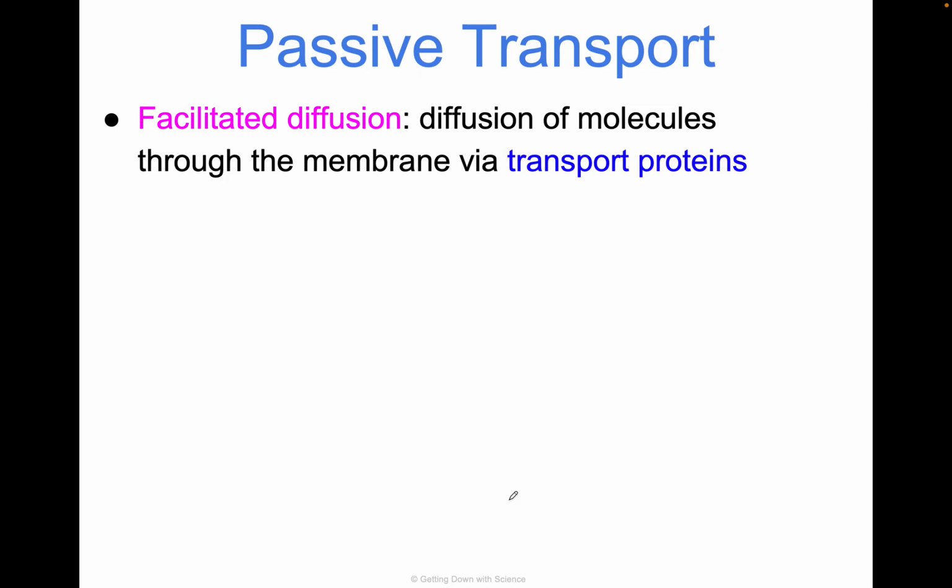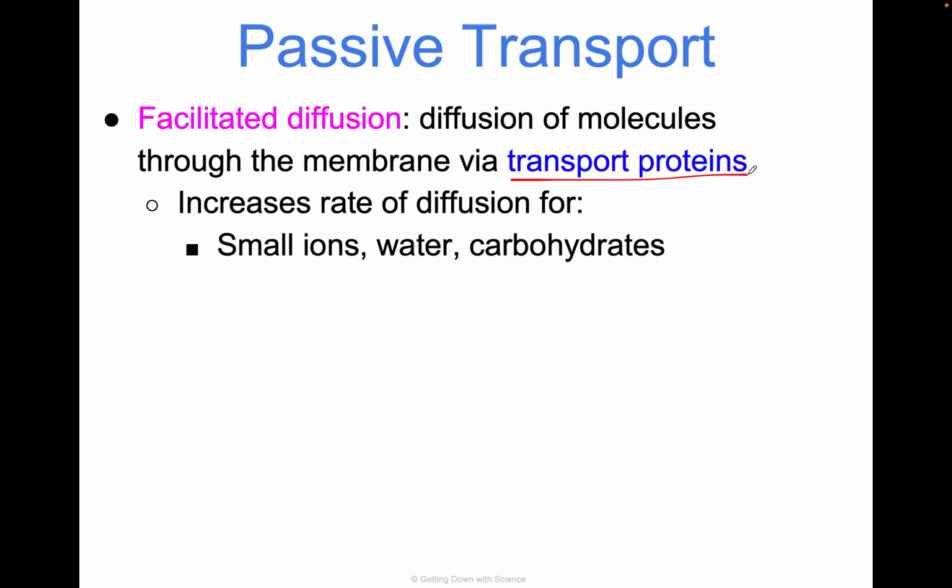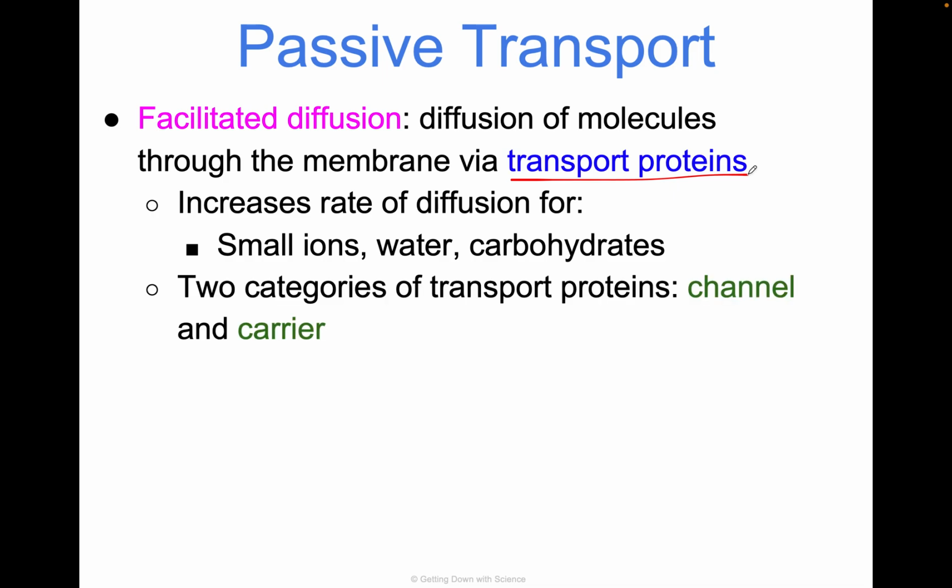All right, facilitated diffusion. It's the diffusion of molecules through a membrane via these things called transport proteins. Increases rate of diffusion for small ions, for water, for carbohydrates, right? So these things that can pass through the membrane, but it's a little bit easier if we can find a door, right, to get through.